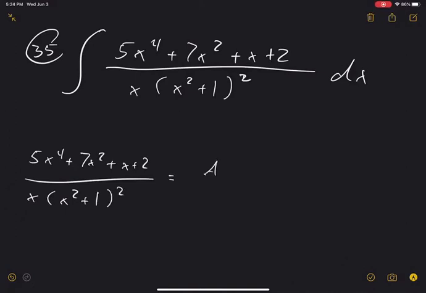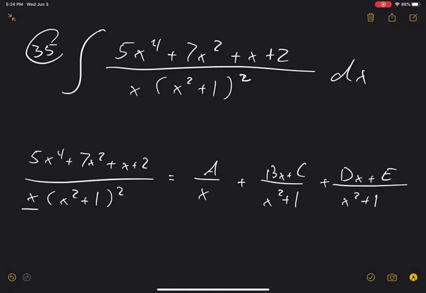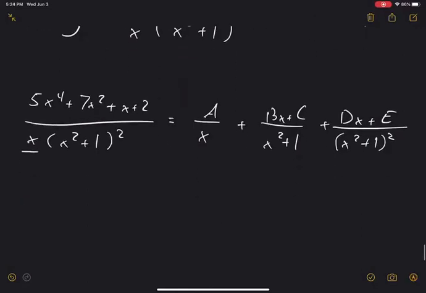That's going to be A over x, then Bx plus C over x squared plus 1, and then Dx plus E over (x squared plus 1) squared. So this is the setup for case 4.